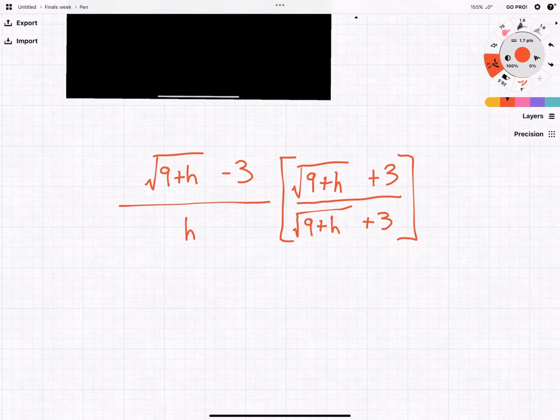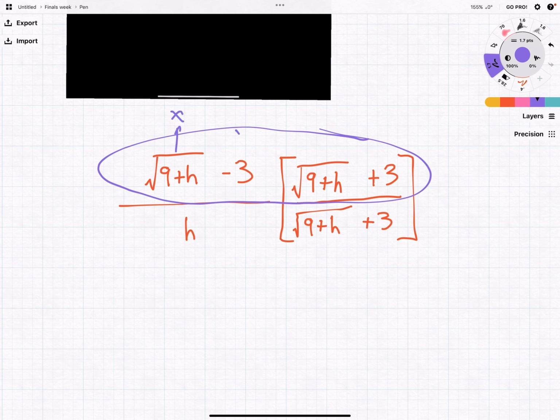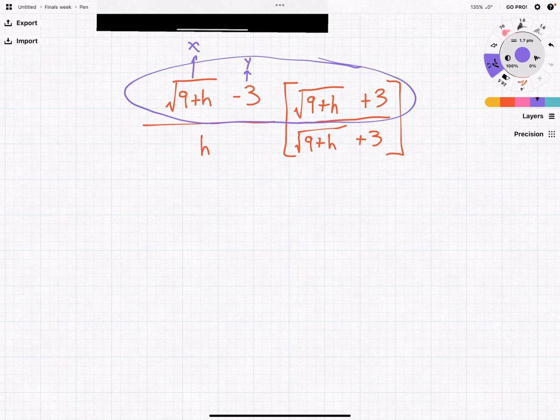So what happens is, if you look at this top term, this is a clever way to go about these, because this top term here, if I were to label the 9 plus h as x and the 3 as y, then notice what we are going to make on top is a sort of a difference of squares. So I have x minus y times x plus y, and that always gives us x squared minus y squared.